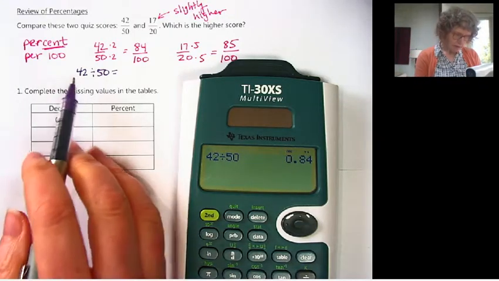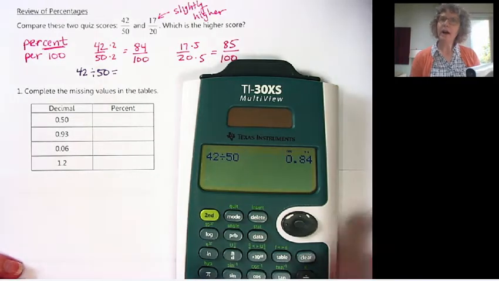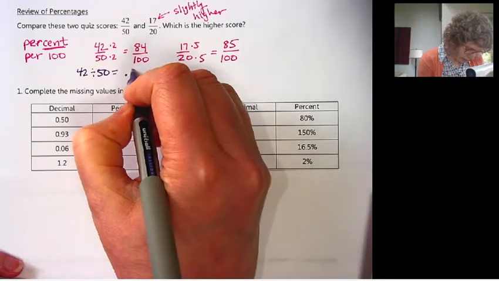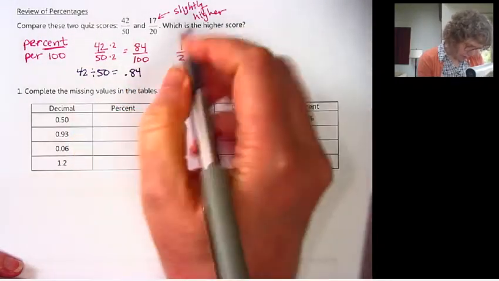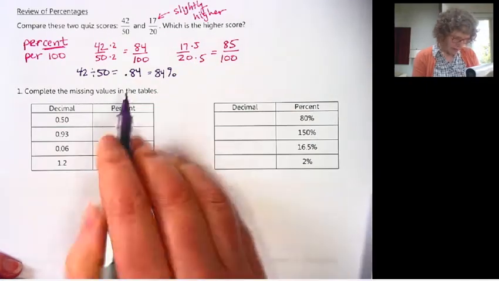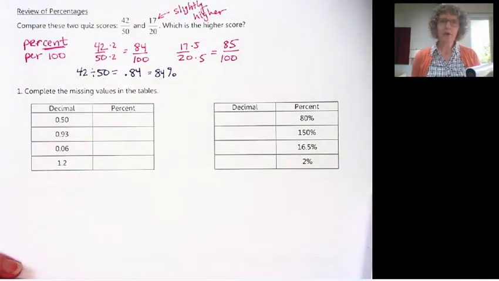That's saying we're taking the part out of the whole, and it gives us 0.84 out of 1, or 84 out of 100. So 0.84 translates to 84%. This is saying 84 100ths, which is 84%.